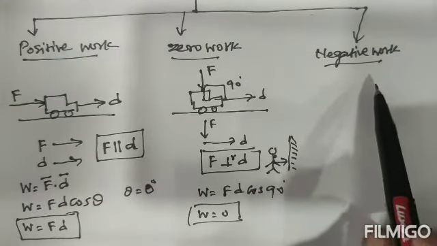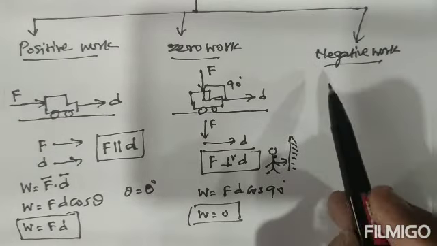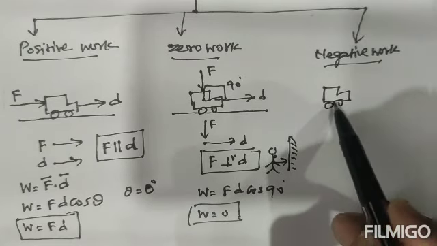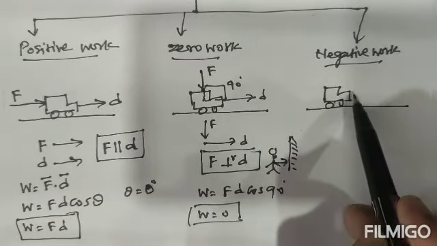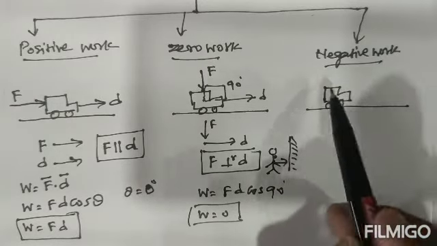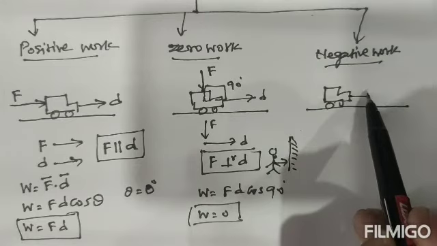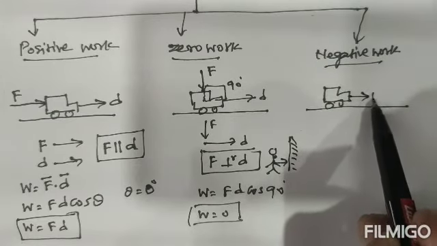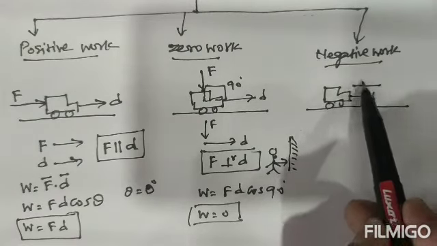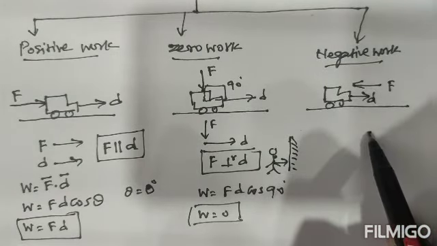Next one, see that negative work. Negative work, by using the same idea, for example a toy car, something like this. It is already displacing in this direction. Now you are applying some force in the opposite direction on the body.